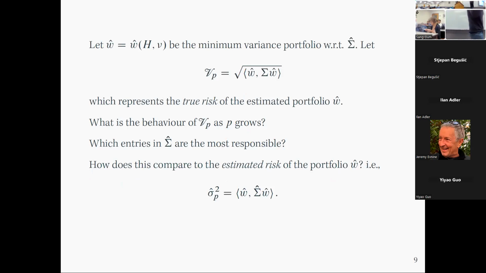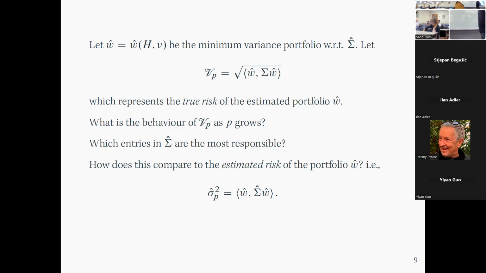So the first variable that we're going to be thinking about with respect to the Markowitz Enigma is the true risk of the portfolio. The reason the word true is here is because the sigma in that quadratic form is the unknown true covariance matrix, which we don't actually have access to in practice.